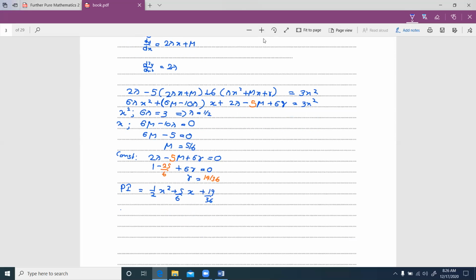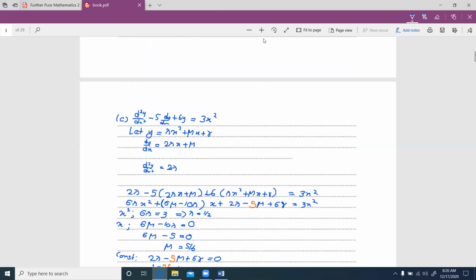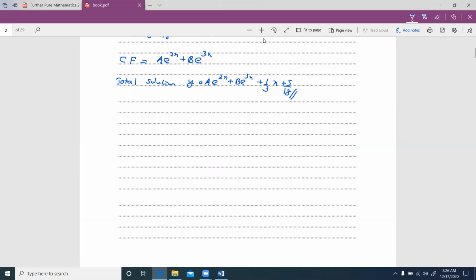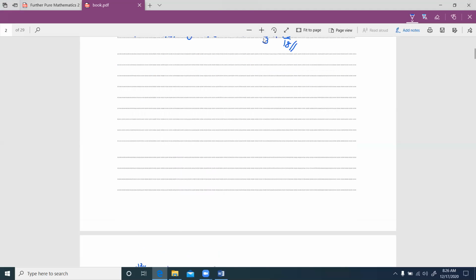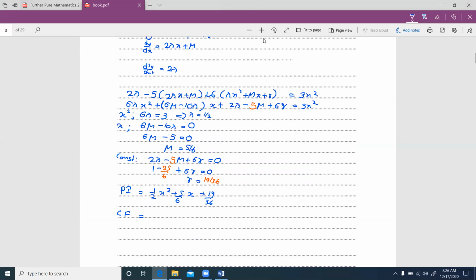Then the complementary function, we already knew from the first part of the question, that is 2 and 3. Yeah. A e to the power 3x plus b e to the power 2x. This is the complementary function. Therefore, you can find the total solution for this.